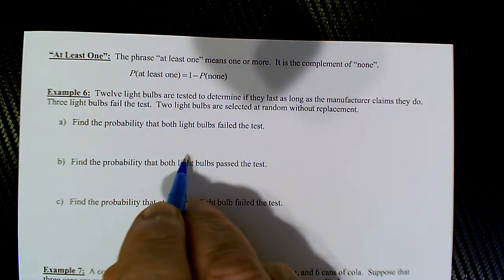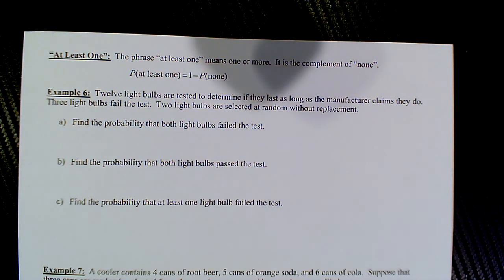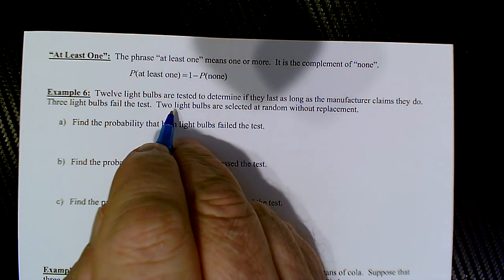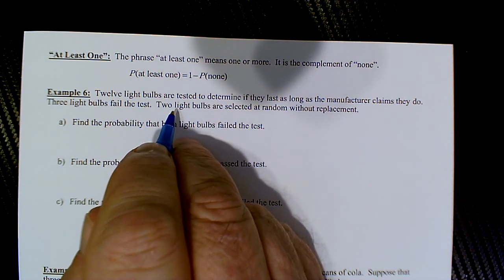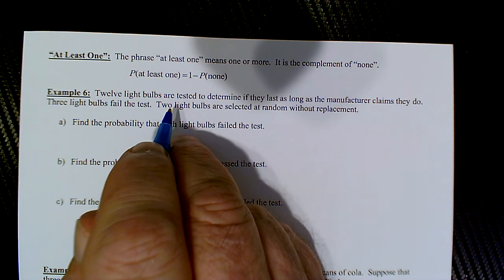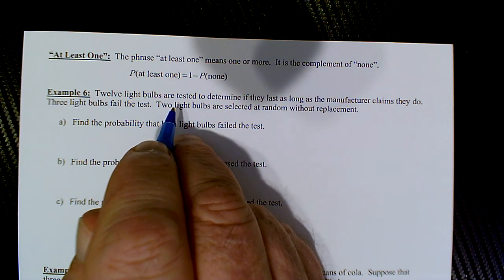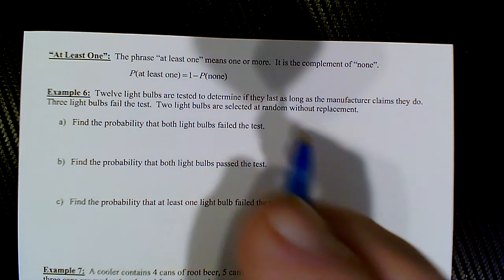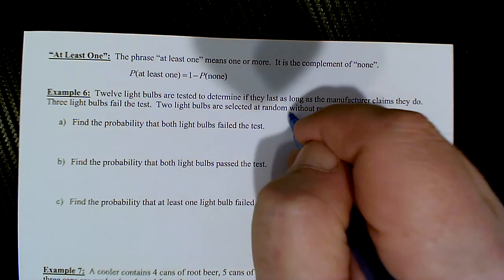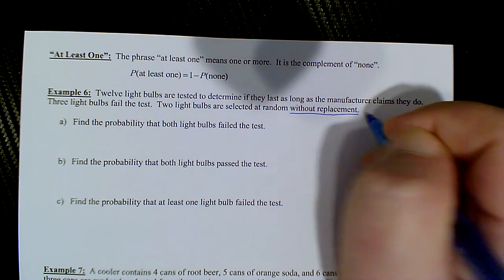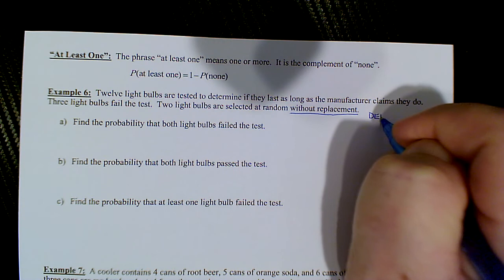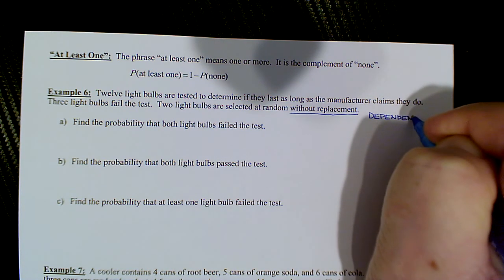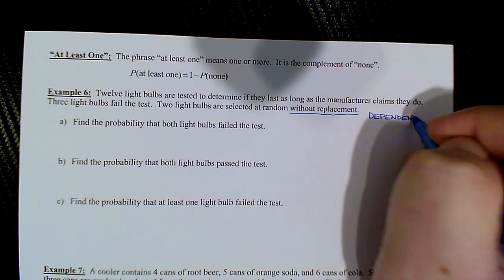So sometimes they lead you through the problem like this one. You got 12 light bulbs that are tested, and 3 of them fail. Here we're going to select 2 light bulbs without replacement. So note that without replacement is dependent because the probabilities change.